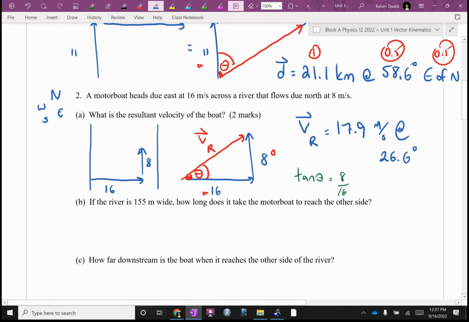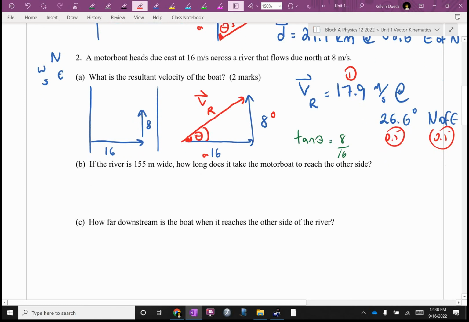North of south, east of west, what of what? That one is north of east. Same thing as before. 1 mark for the magnitude, half mark for the theta, half mark for the what of what.